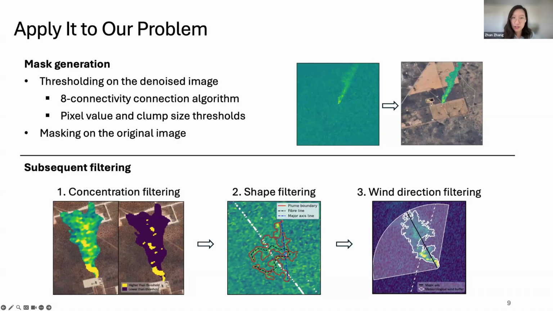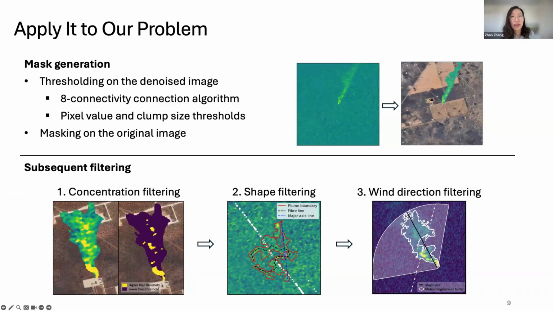For those that have such hotspots, we secondly observe the plume's shape, because some masks generated by the wavelet method can have shapes that extend and curl unnaturally from the center, and these are apparently not physically realistic. So we quantify the degree of such curling and filter out those that don't make sense.